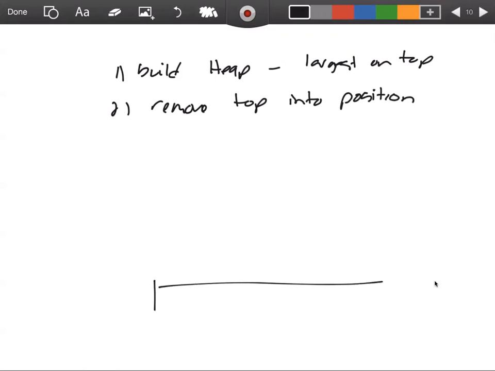Okay, so again, we're sorting things. We do our heap. Over here is where the first one goes. Okay, then you're going to reheap, basically. Okay, you're going to make a heap again, and then again pull the top one off. So that's how that's going to work.